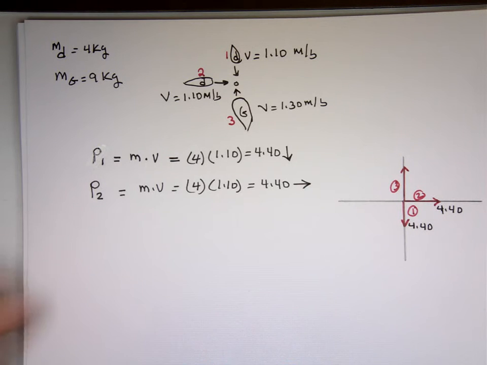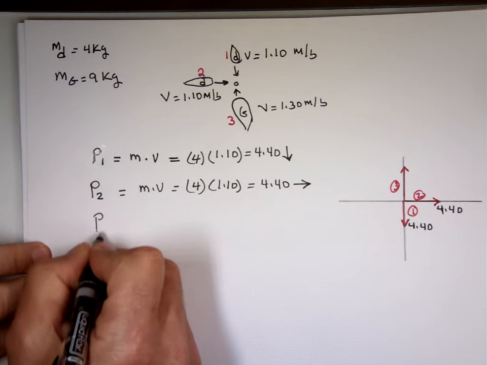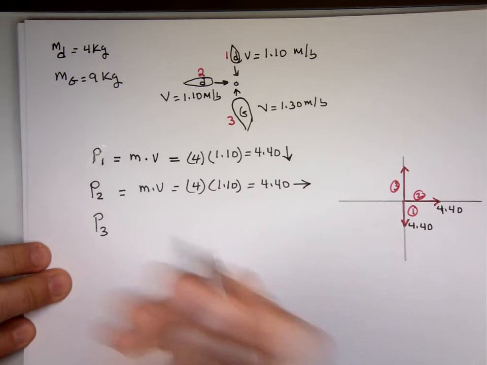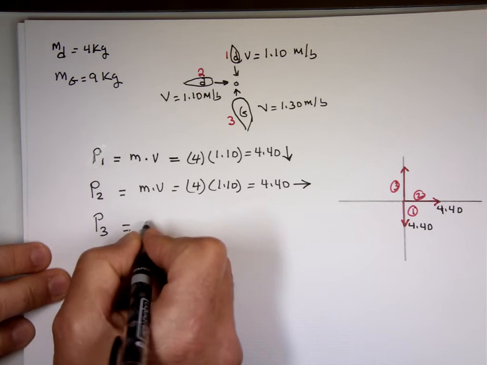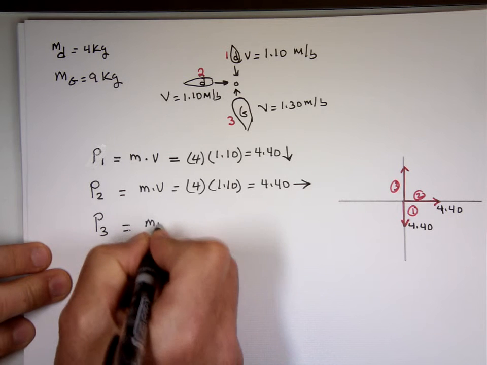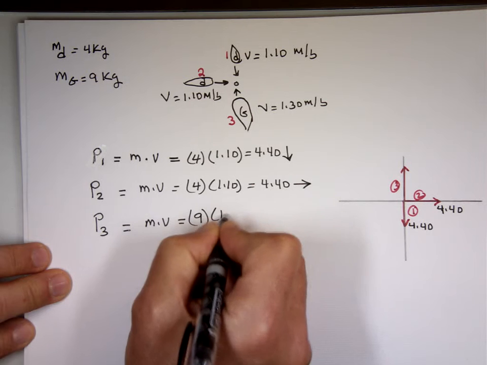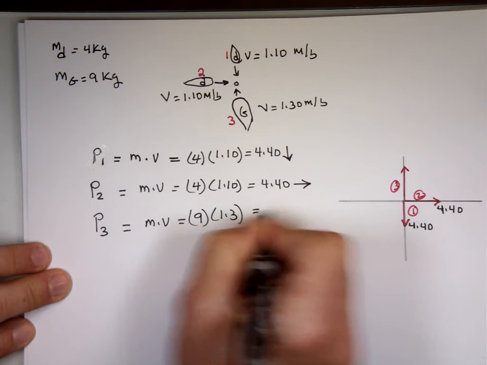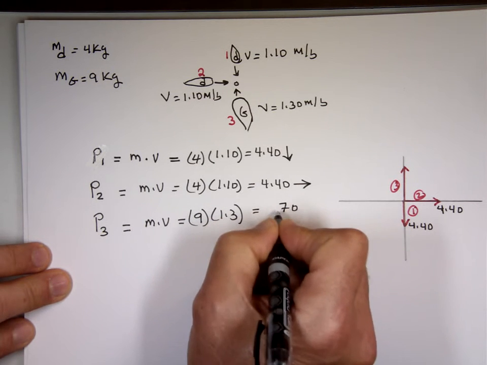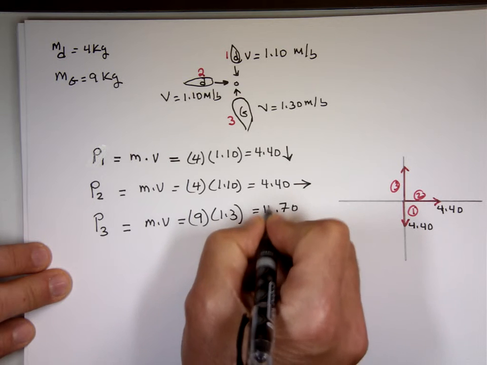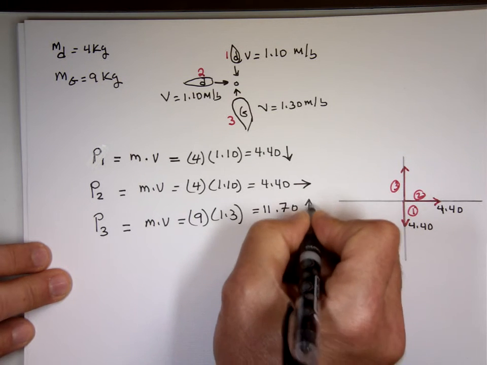And the linear momentum for the goose, which is the third animal, is its mass times the velocity. The mass is 9, the velocity is 1.3. Is it 11.7? Up.